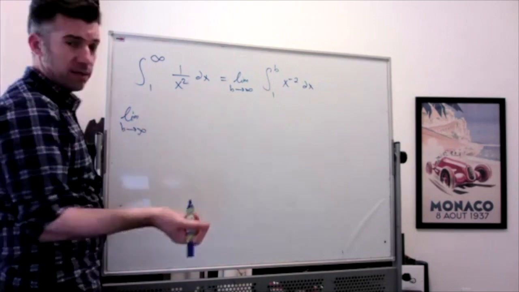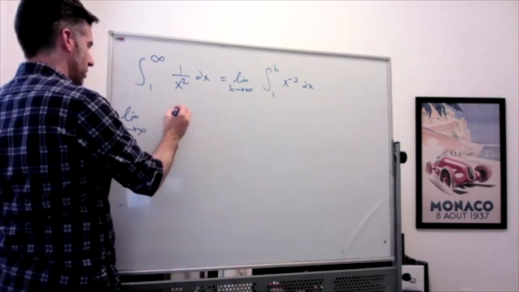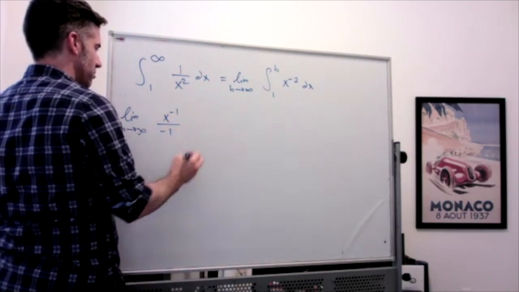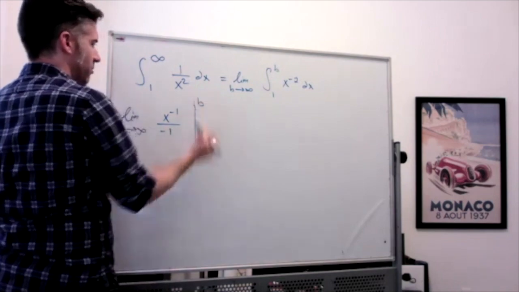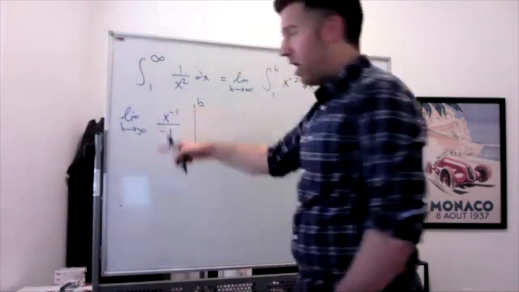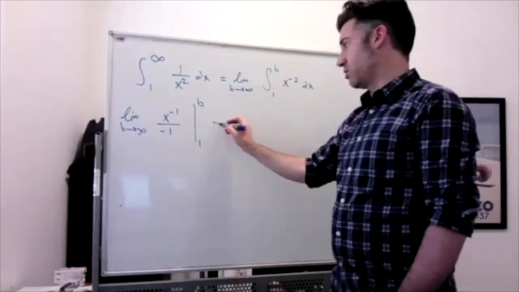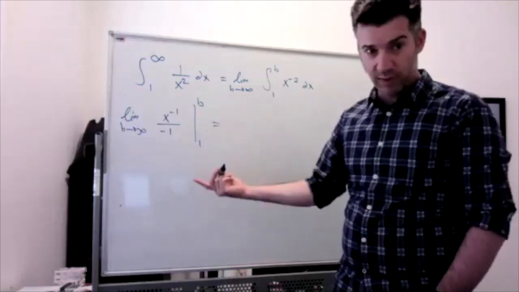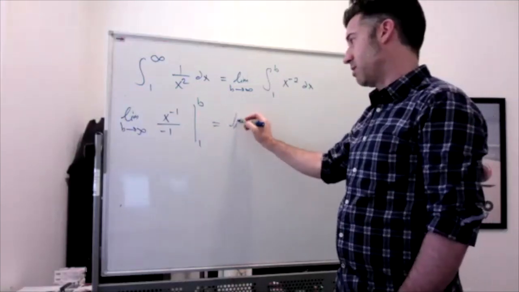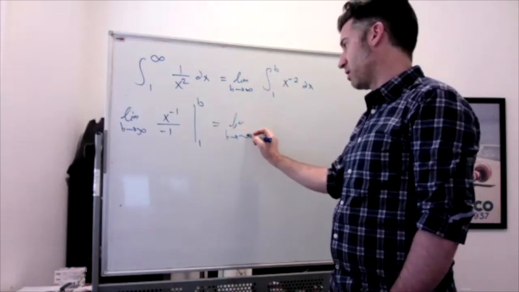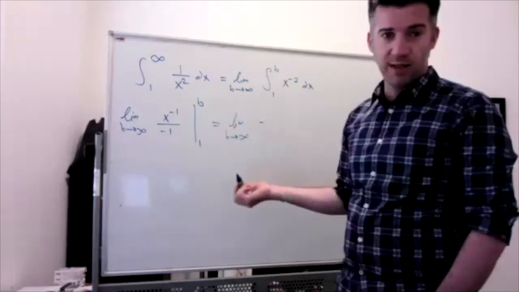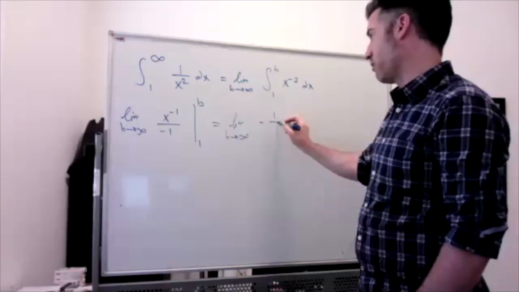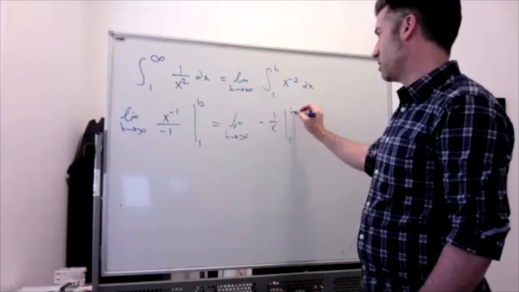The integral of x to the minus 2 is x to the minus 1 divided by minus 1 from 1 to b. I prefer to multiply by negative 1 instead of dividing, so I'm saying the limit as b goes to infinity of negative x to the negative 1, which is the same as 1 over x, from 1 to b.